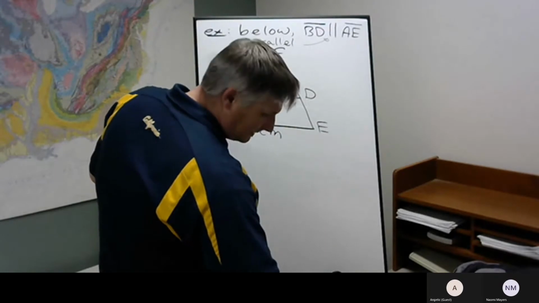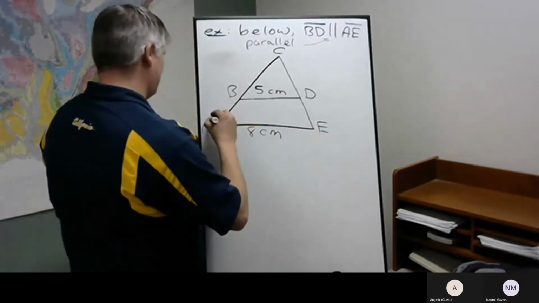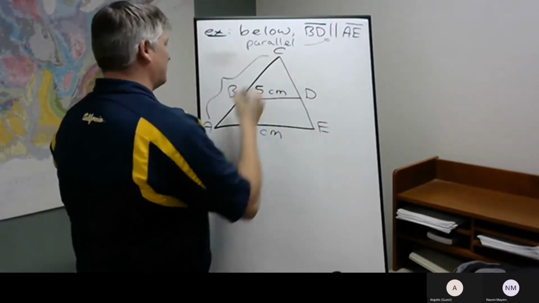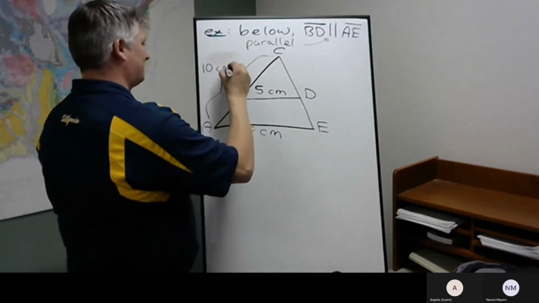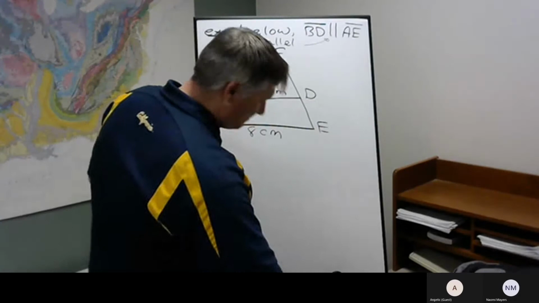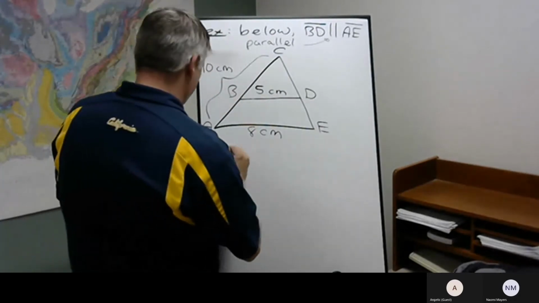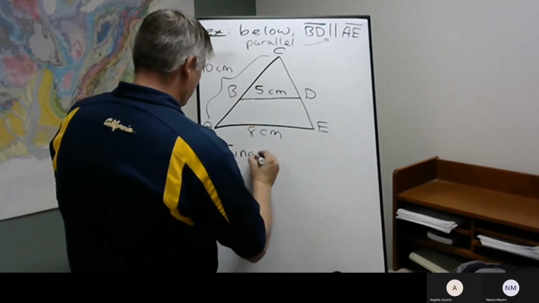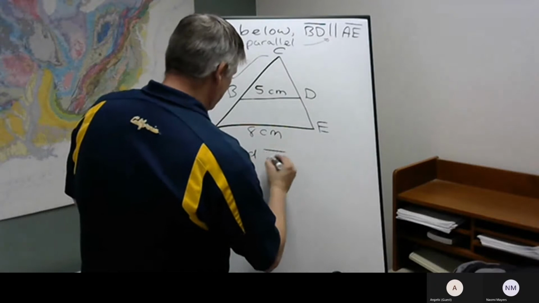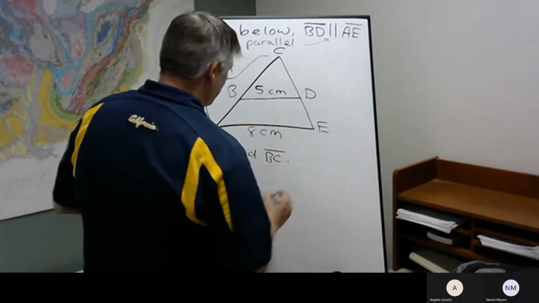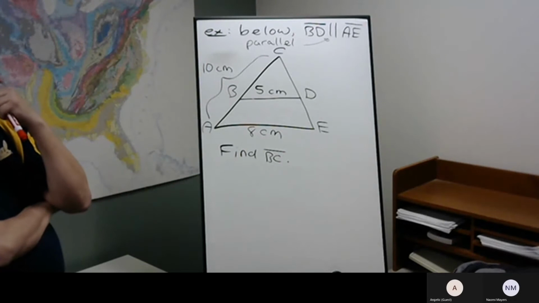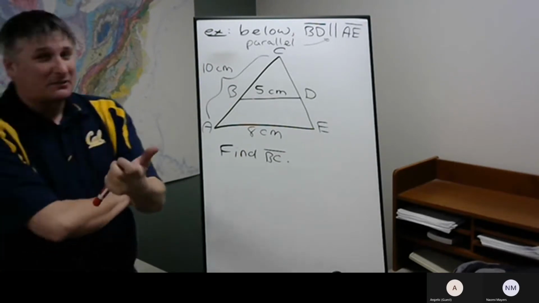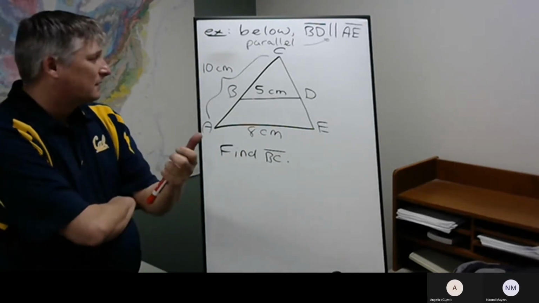And then AC, 10 centimeters. I want to find the length of BC. So how the heck do we do this?